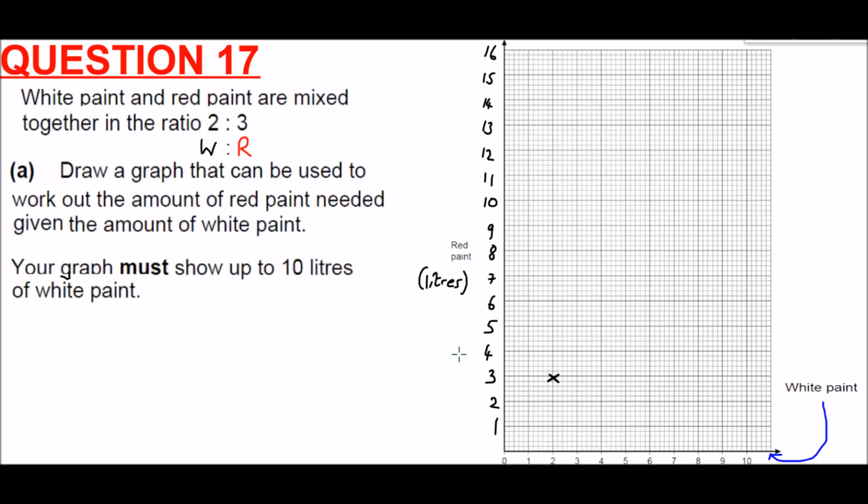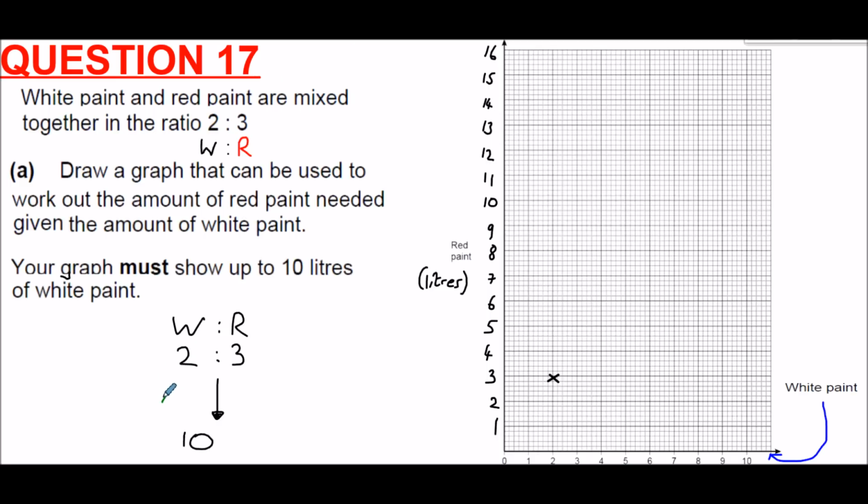And what we can do is keep building up in the same way. So we need to go up to 10 litres of white paint. So what I'd suggest is, if we take this ratio here, we've got white and red in the ratio 2 and 3. If we need 10 litres of white paint, just think, how can we go from 2 to 10? What could we multiply 2 by to get 10?